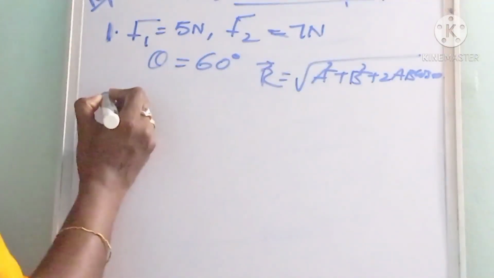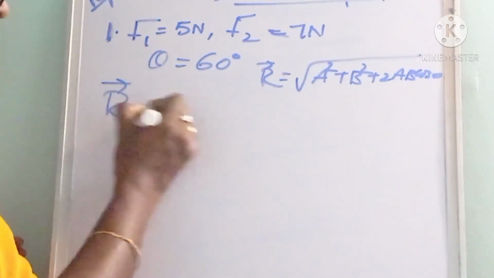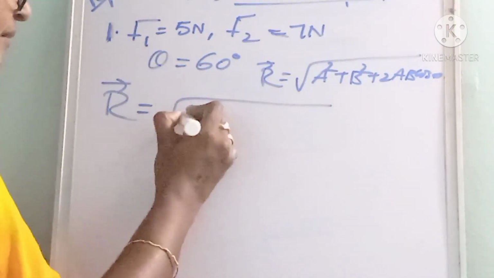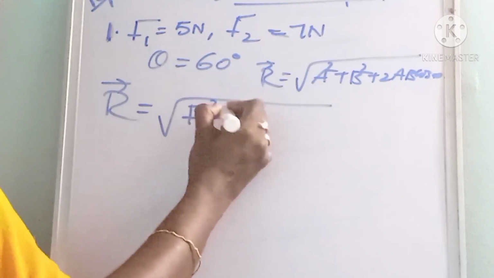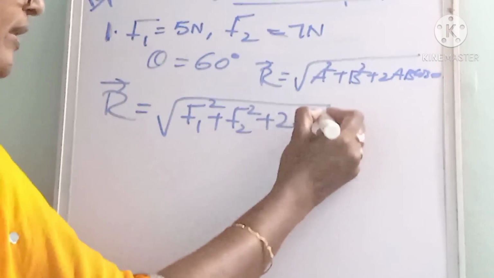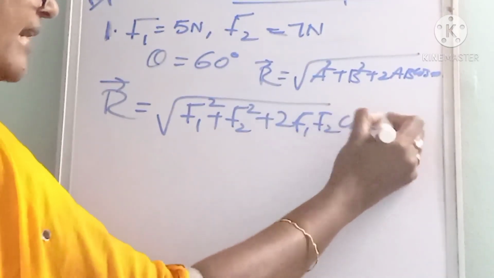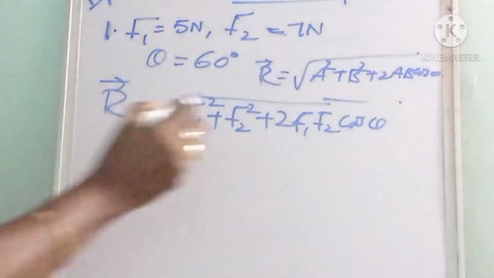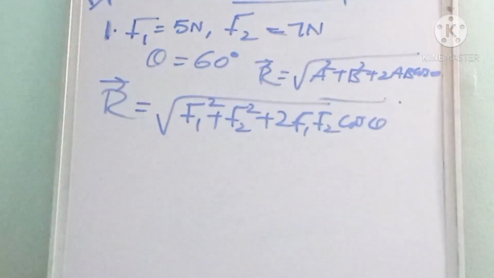So we can find the resultant vector R as square root of, instead of A we can write F1 square plus F2 square plus 2 F1 F2 cos theta. This is the resultant of these two forces.